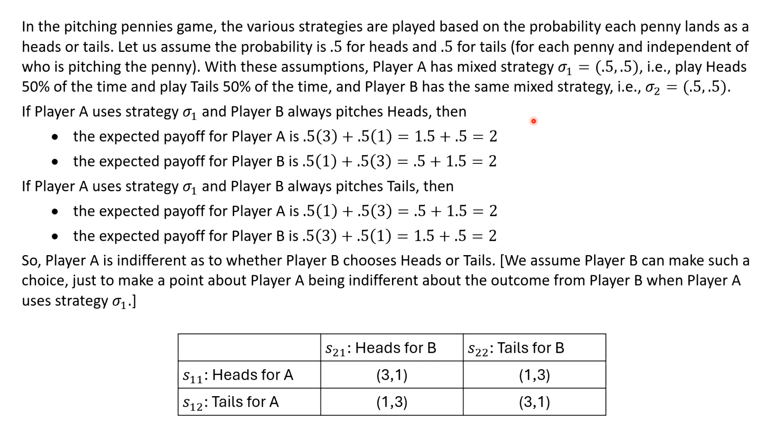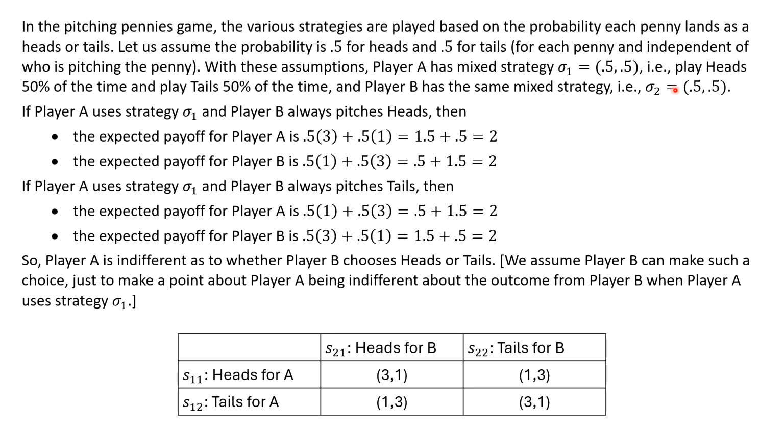Okay, so what we're going to do here is define two more strategies. They're mixed strategies. Sigma sub 1 is the strategy where player A randomly selects tails 50% of the time and heads 50% of the time.